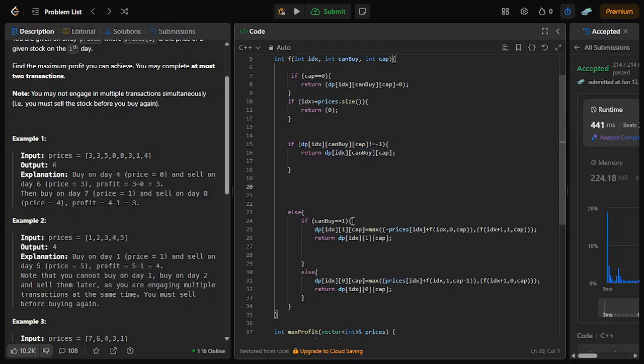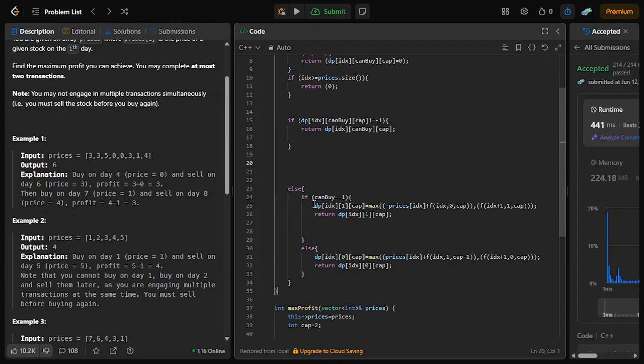Now the other part. So basically, if you can buy, right? If you do not have any stocks with you, then what is the maximum profit that you can make from that day, given that you can buy, and we will maintain this cap. Given that you have cap number of transactions remaining, it is the maximum of this amount. Let's break this down.